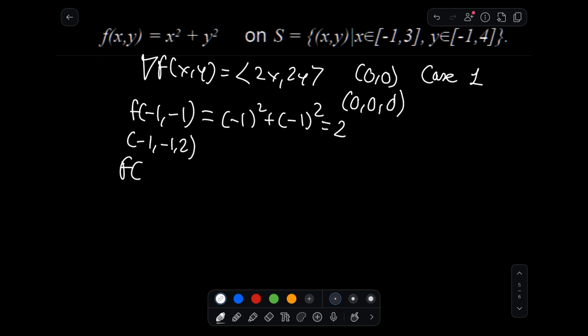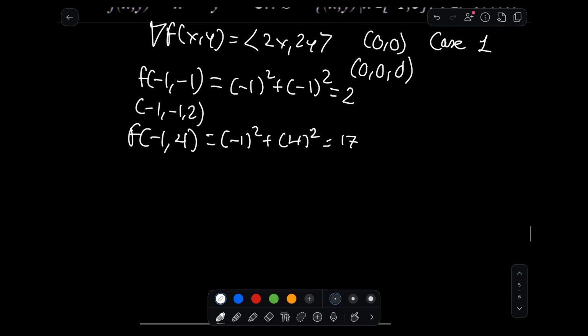And then we have f(-1, 4) equals -1 squared plus 4 squared equals 17. Then we have f(3, -1).